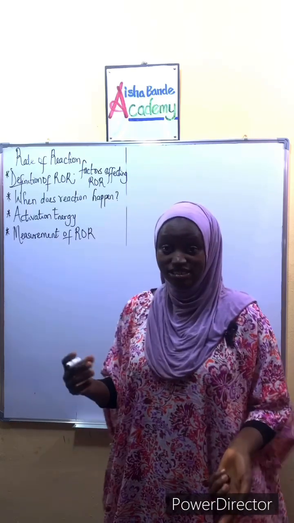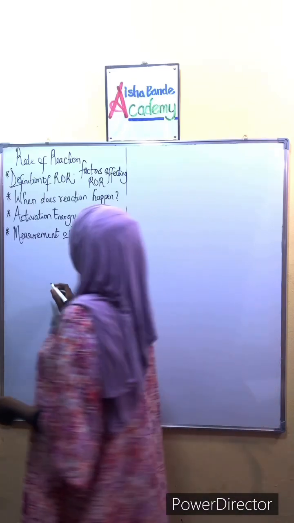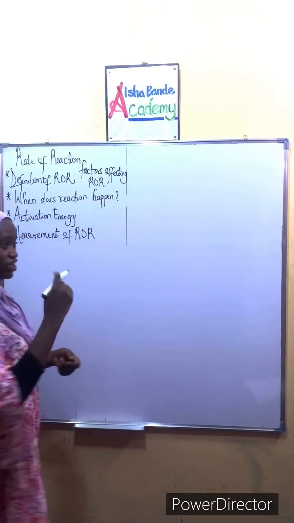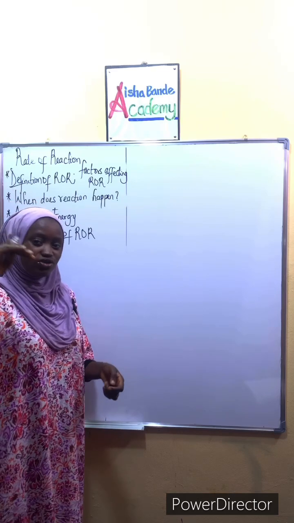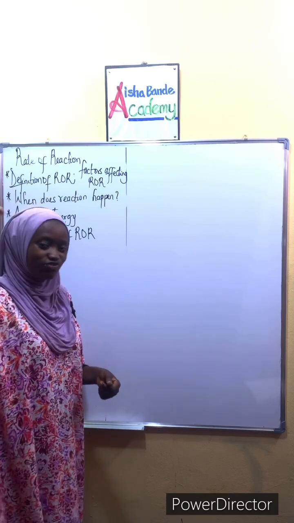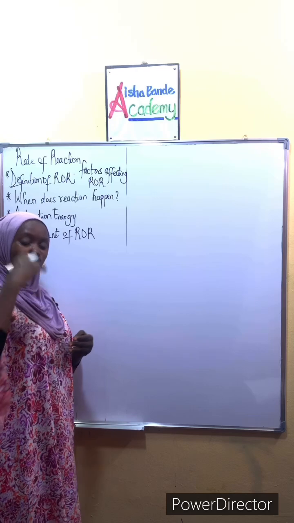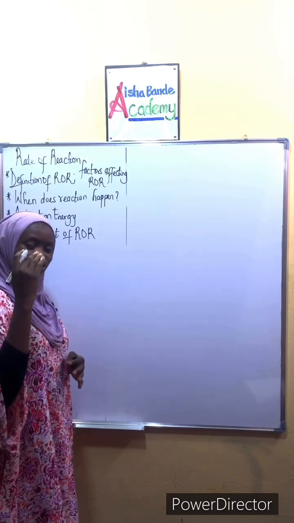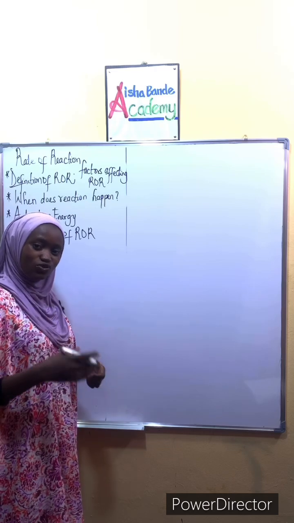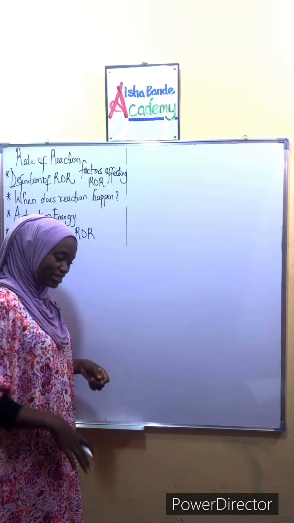Let's explain this using a diagram. Let's say you want to go to the other side of a hill. For you to get to the top of the hill is where you need the activation energy. So as you're going to the top of a hill, you need activation energy. But when coming down, you can just easily slide down.